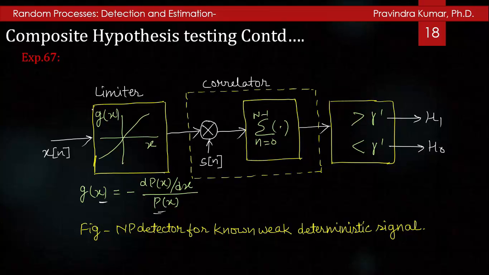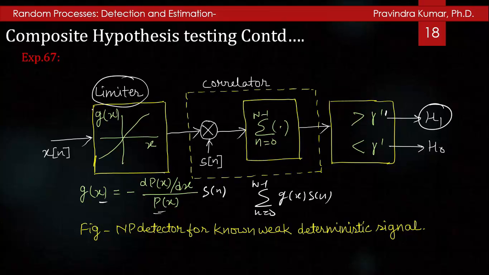This is the limiter g(x), and this is the correlator, meaning you multiply this g(x) with s_n, and after taking this summation n0 to N minus 1 of g(x) s_n, compare it with the threshold value. When it is greater than some threshold value gamma double dash, you will decide hypothesis H1 is correct, and when this value is less than threshold value gamma double dash, then you will decide hypothesis H0 is true.